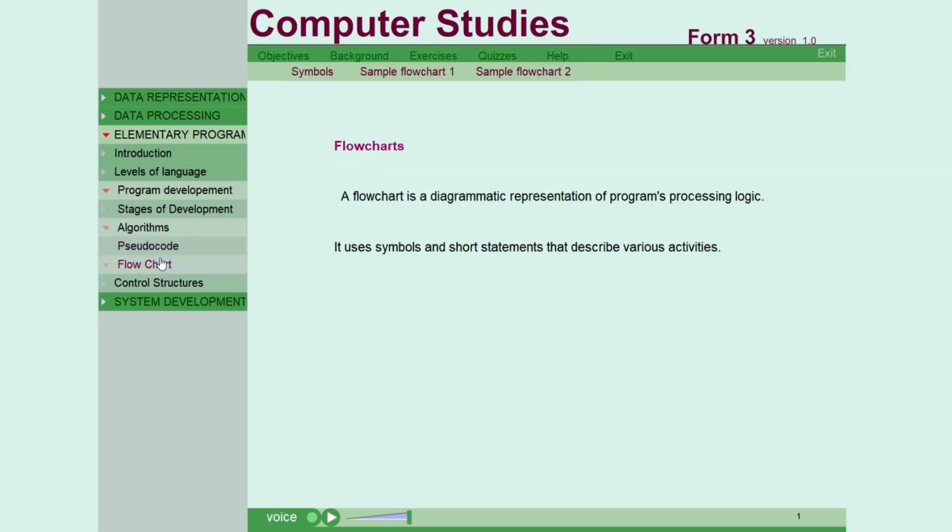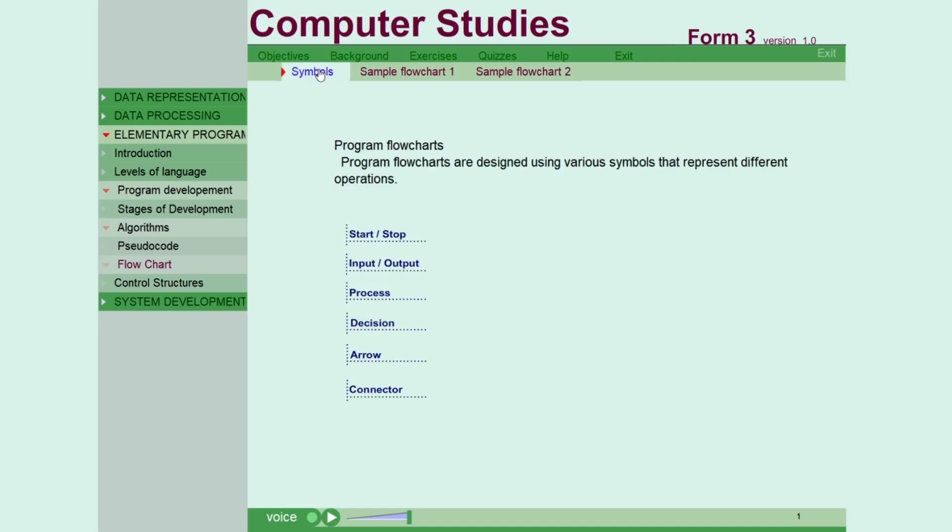Flowcharts. A flowchart is a diagrammatic representation of a program's processing logic. It uses symbols and short statements that describe various activities. Program flowcharts are designed using various symbols that represent different operations.